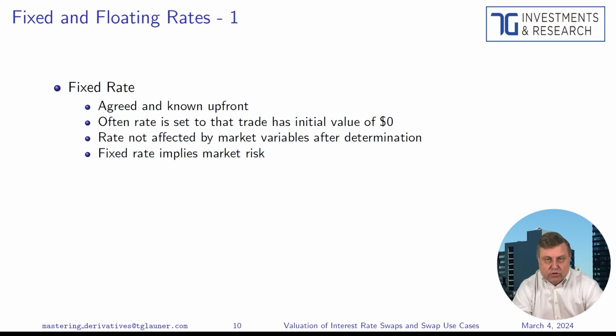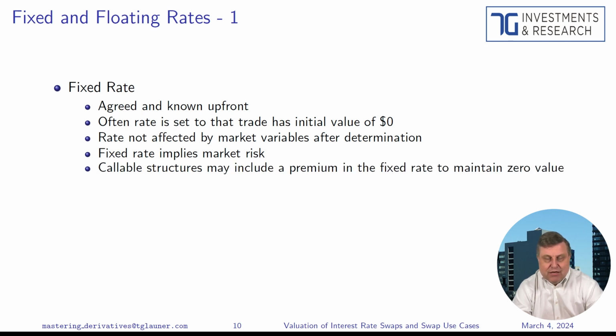When considering callable structures embedded within swaps, there exists additional value due to optionality. When making a swap callable, the call option affects its initial zero valuation. Then adjustments must be made accordingly by altering the fixed rate so that they reflect both non-callable components plus any option premiums involved.